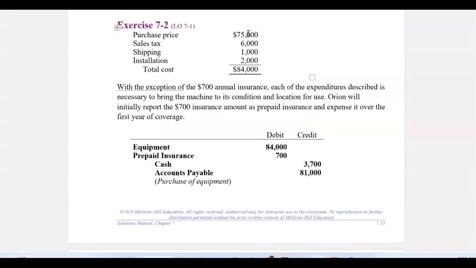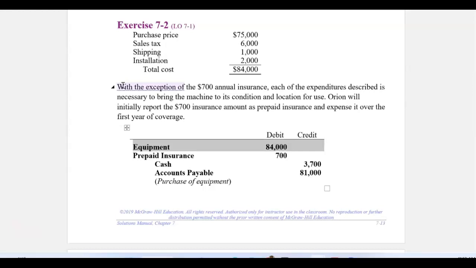So purchase price is $75,000. Sales tax is $6,000. Shipping cost $1,000. Installation $2,000. That gives us a total cost in the T account for machine to be capitalized of $84,000. So you capitalize that $84,000. That's a debit to equipment.